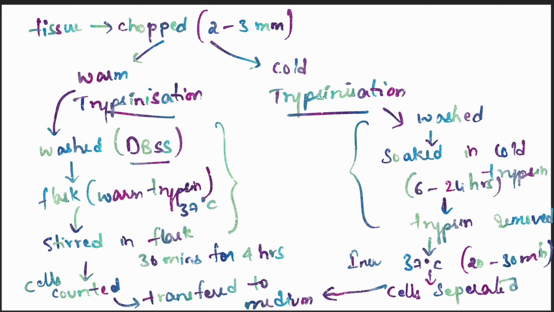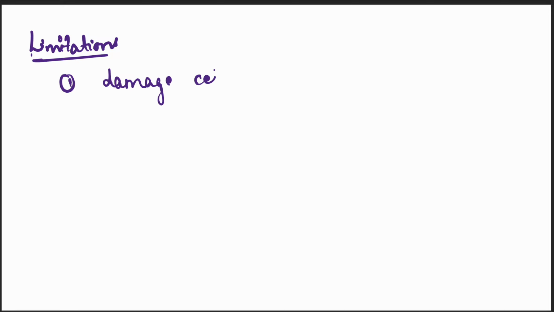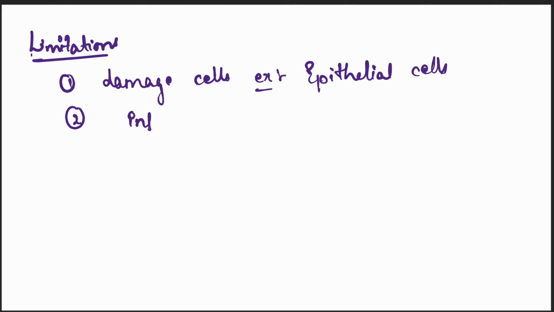Next we will see the limitations of trypsinization. Trypsin may damage some cells, for example epithelial cells, or it may be ineffective for certain tissues.